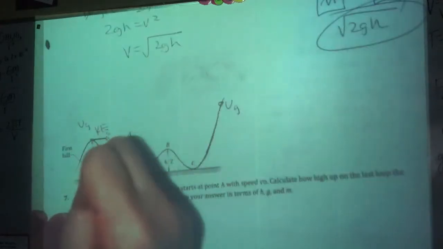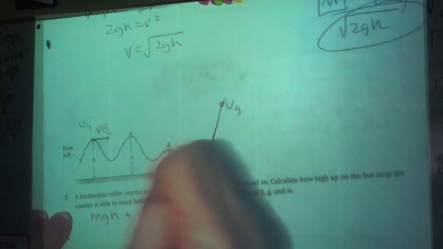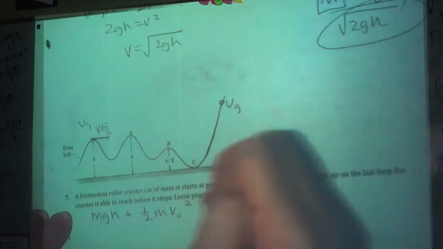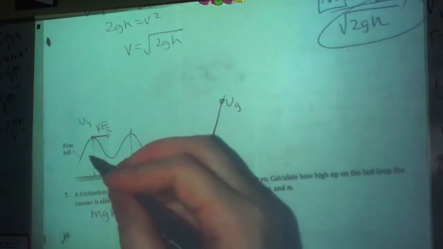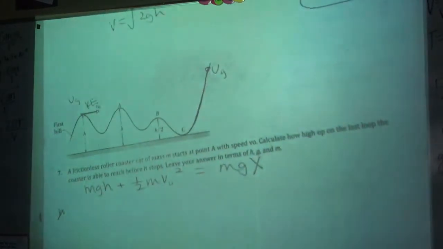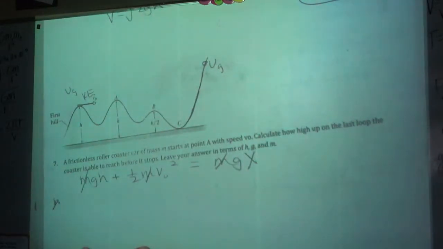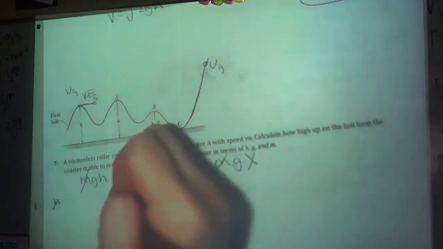So then you start plugging in: mgh plus 1/2 mv naught squared is going to go into all height. Don't call it h because we are already using h as a given, so let's call it x, or h at the top, whatever you want to call it. The m's cancel out. Wow, this is really easy. Then you just divide g over.